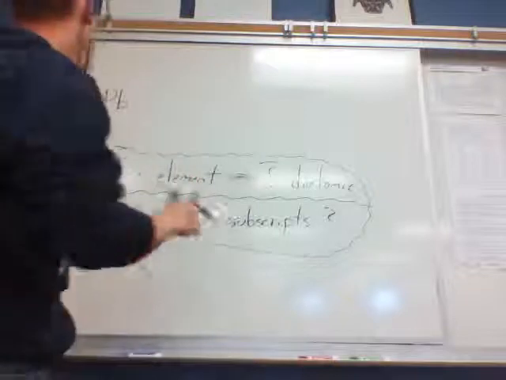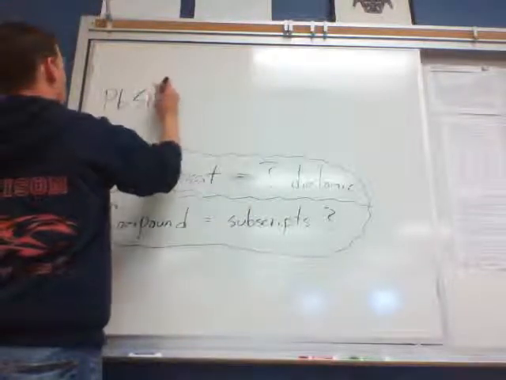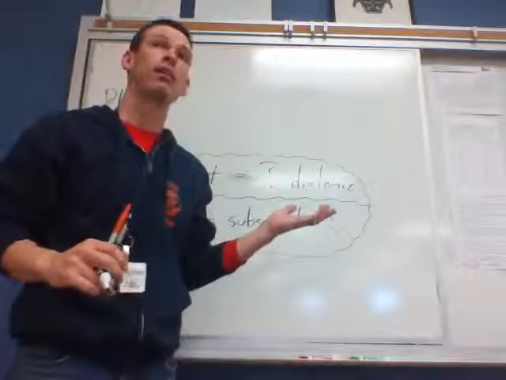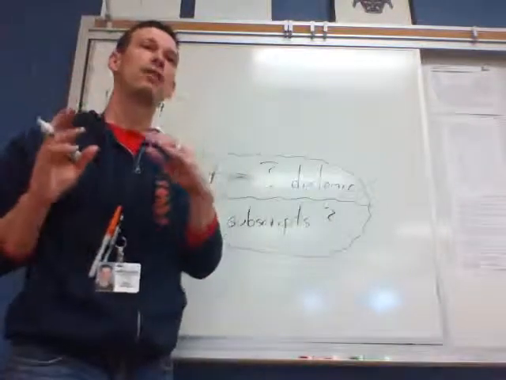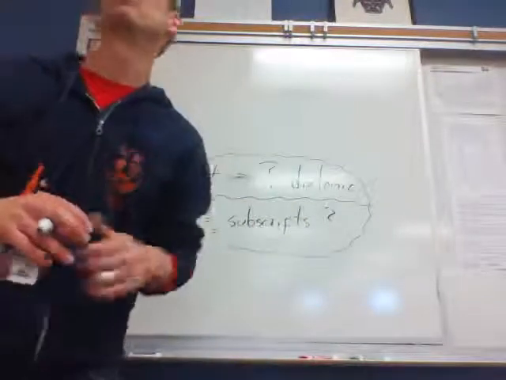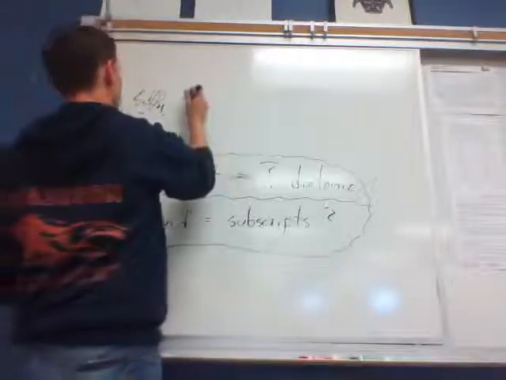Sulfate. What's the symbol for sulfate? It's SO4. If you look at your cheat sheet, you've got a polyatomic list again. Verify that sulfate is SO4. Yields. What do you think I'm going to put for yields? An arrow?